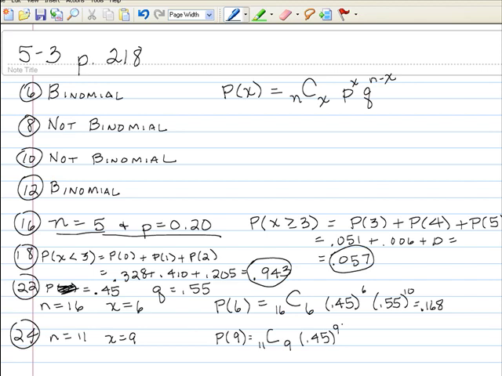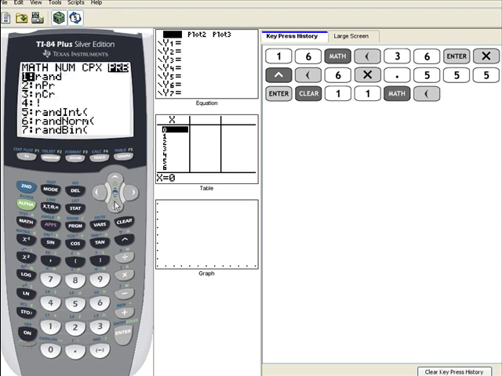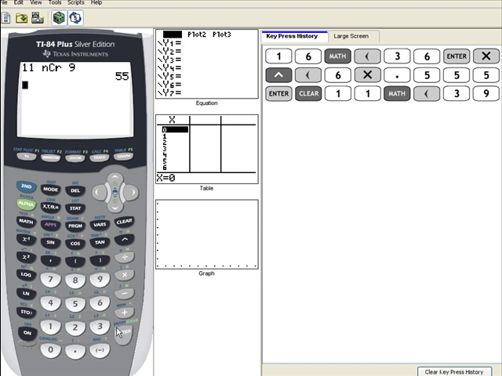So again, I'm going to do this with the calculator. I want 11, math, combinations is number 3, 9. Okay, and I want to multiply that 55 times 0.45 raised to the 9th times 0.55 raised to the 2nd, 11 minus 9.